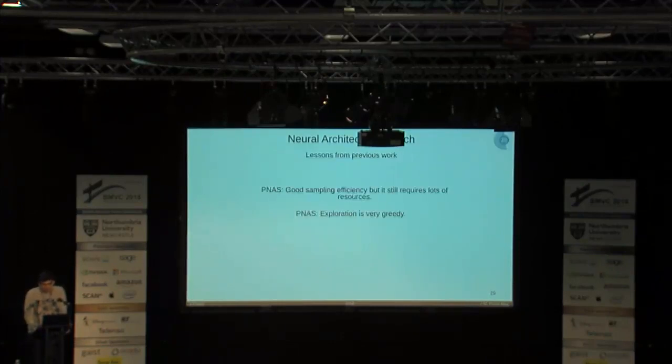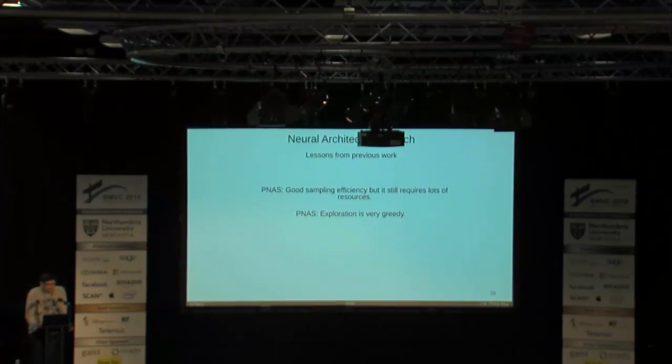So that's not good. It looks bad, 100 GPUs in one day, but actually that work was an advance on the previous state of the art, which was using around 800 GPUs and taking around a month to find a decent architecture. So PNAS, the progressive NAS, actually has a very good sampling efficiency.